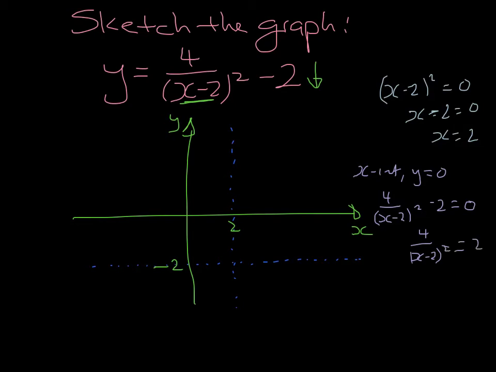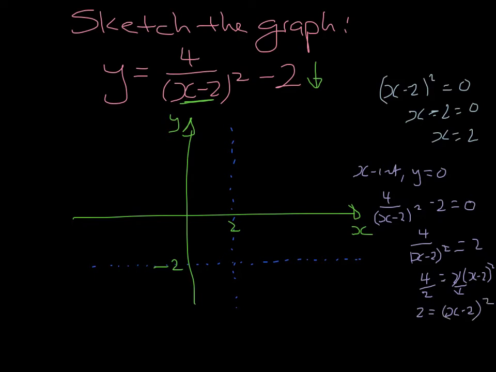I'm going to multiply both sides by the x minus 2 squared, so we get 4 equals 2 times x minus 2 squared. Divide both sides by 2, which will get rid of that 2 in the front there. Cancel that down, so 4 divided by 2 is 2 equals x minus 2 squared.